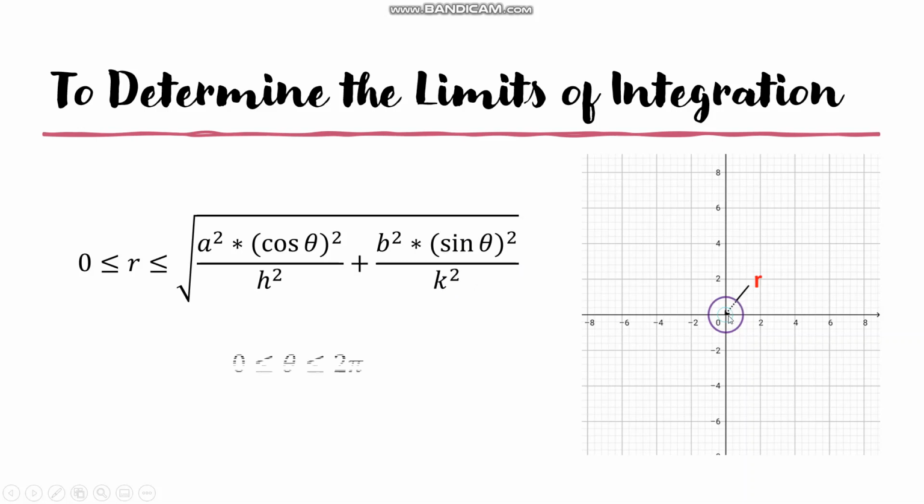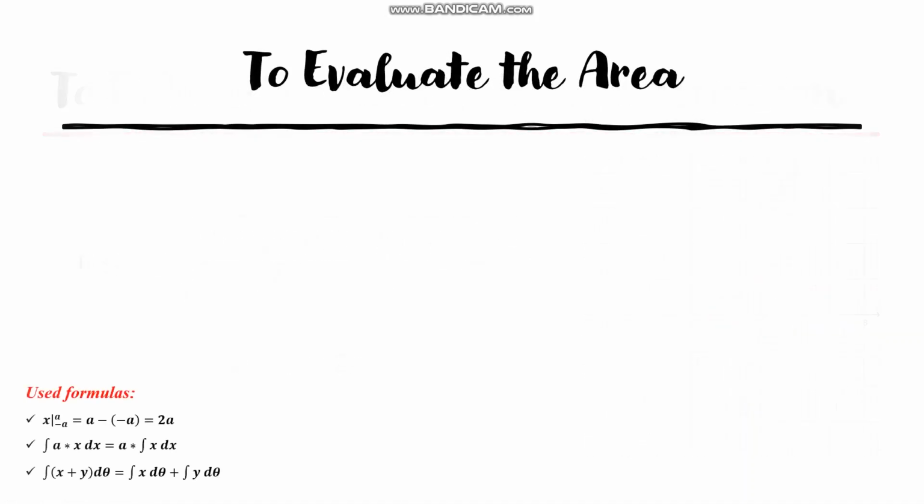And we can take our theta from 0 to 2 pi, because our graph is a circle and a loop is in the whole graph. So we can now evaluate our area.